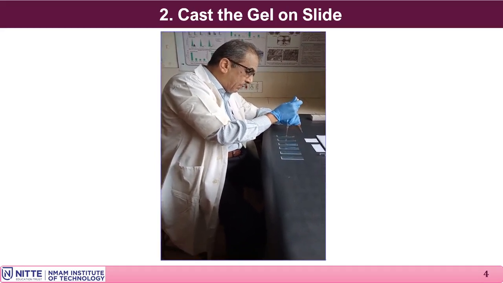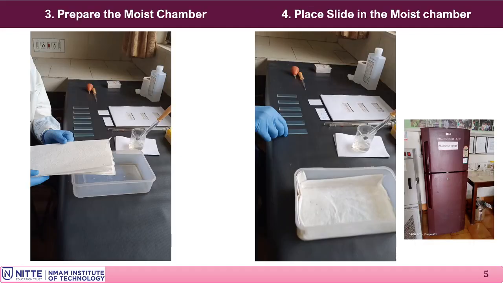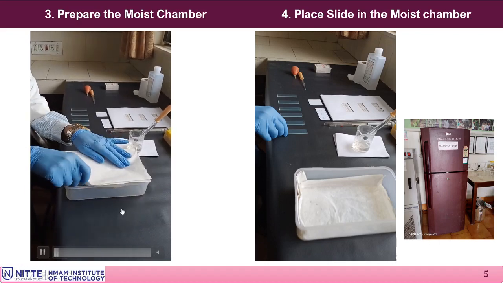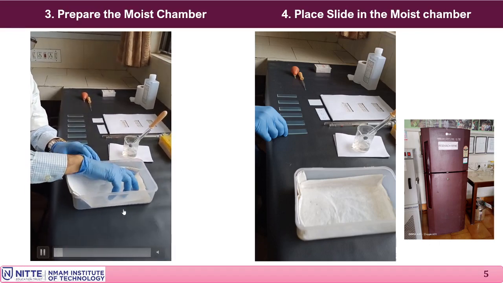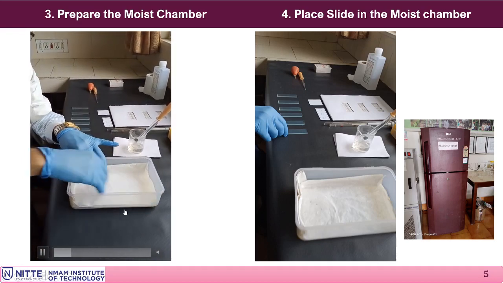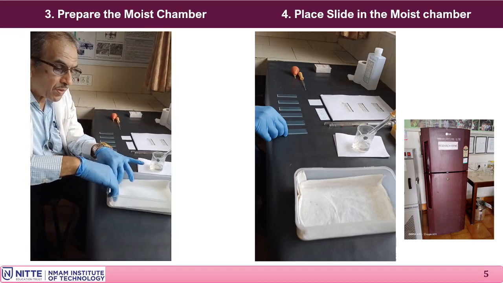Once the agarose is solidified, the slides are now supposed to be transferred into a moist chamber. And the moist chamber is nothing but a simple lunch box, plastic box, in which you prepare a bedding of filter paper and spread it uniformly.